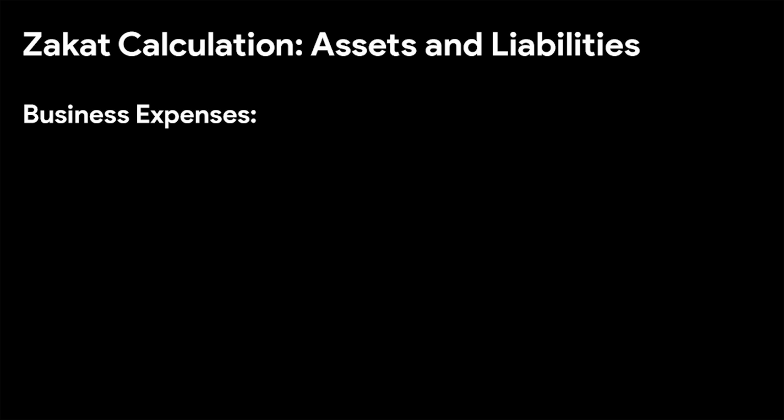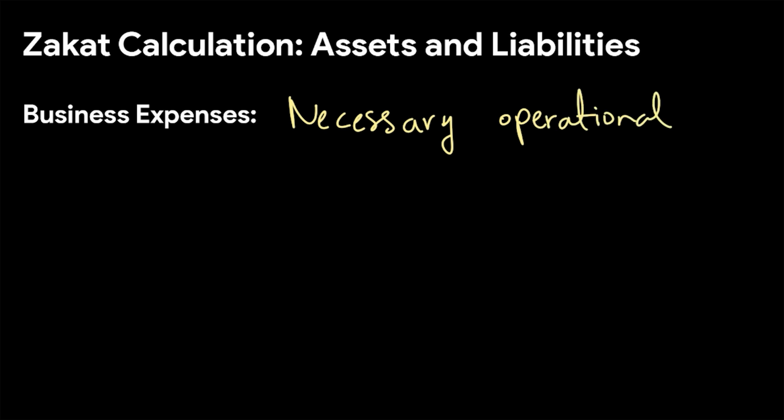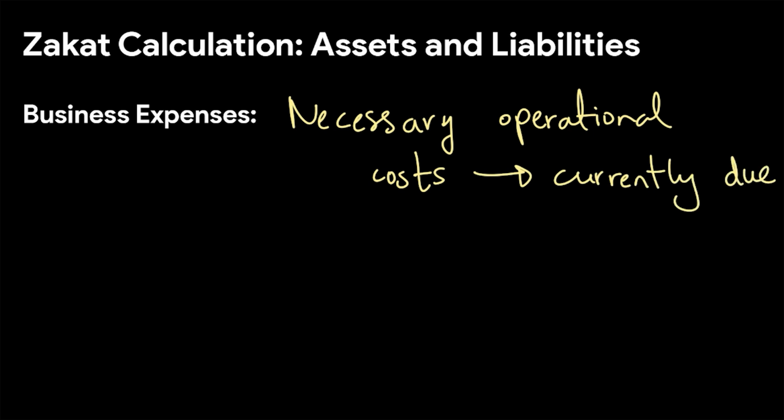And then the next category is business expenses. So if you own a business, you can deduct necessary operational costs. So anything that is currently due, you can deduct when calculating zakat.